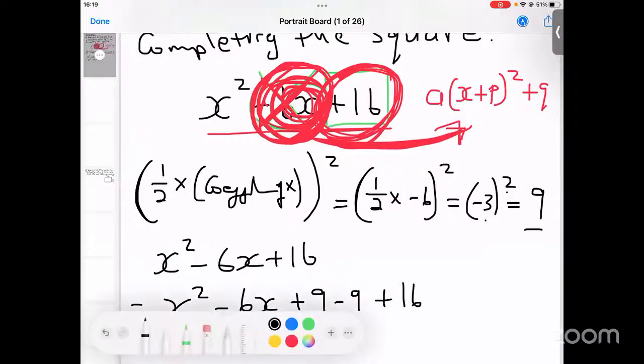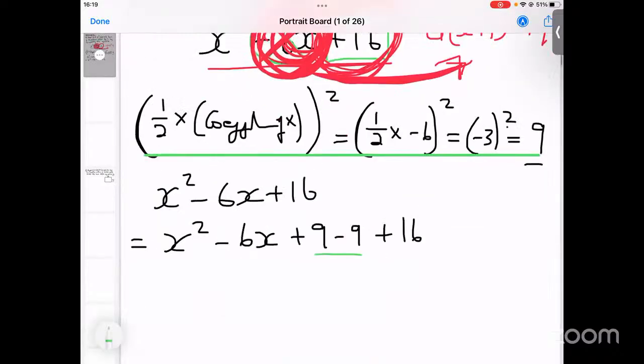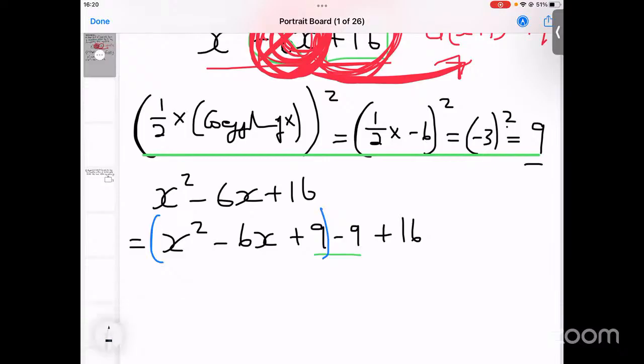The main purpose of going through that process is that indirectly you have dealt with this part, which is the same as x minus 3 squared.